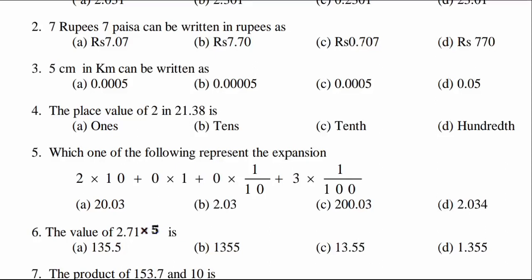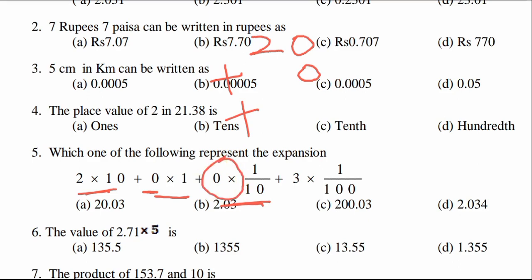Question number 5. Which one of the following represents the expansion? First, 2 multiplied by 10 is given. So we write 20 plus 0 multiplied by 1. So it is 0. Whenever 0 is multiplied with any number, you will get 0 as the answer. Then 0 multiplied by 1 upon 10. So again 0 is multiplied here. So the answer is 0.